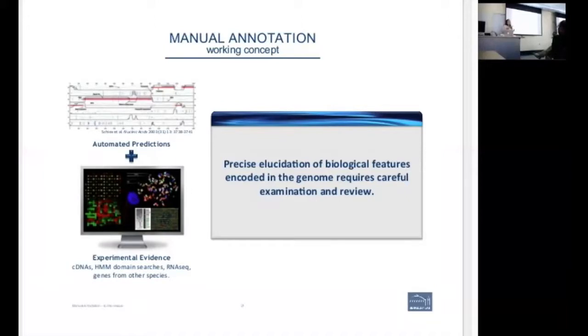There are two objectives to manual annotation. The first is to identify those elements that best represent the biology of the gene that you're interested in, and also to eliminate as many errors as possible from those gene models. The second objective is to attempt to assign putative functions through comparative analysis.